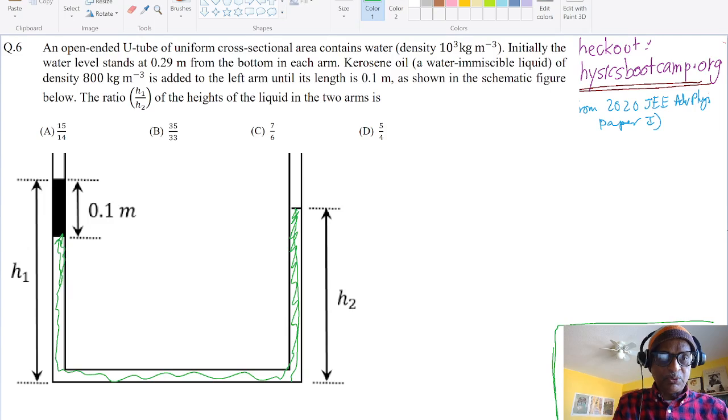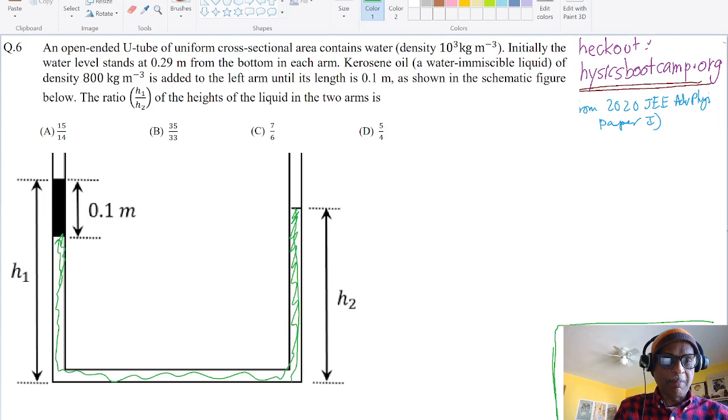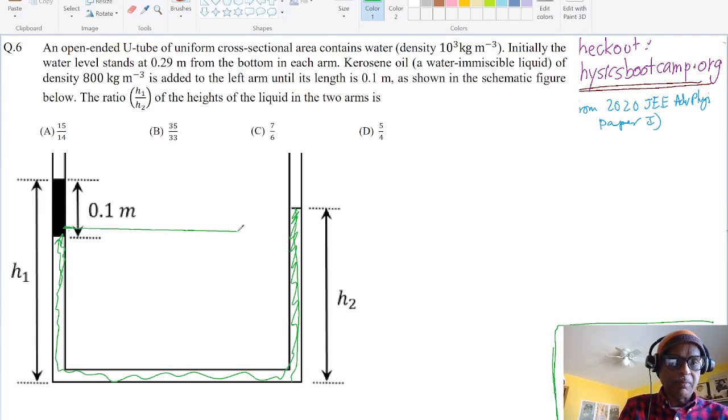Let me use a ruler to draw it out. I'm using a screen, and it's kind of hard to draw.